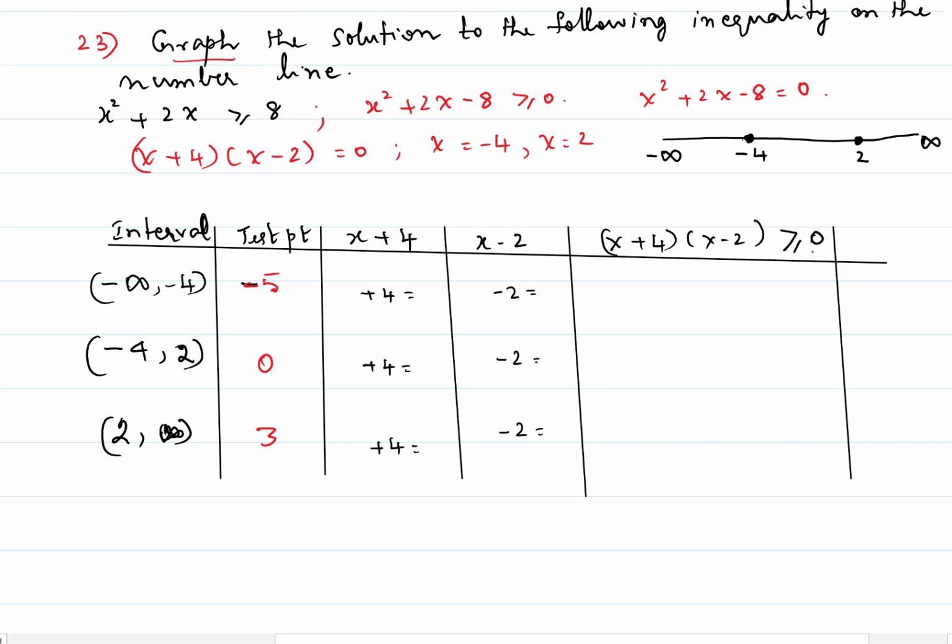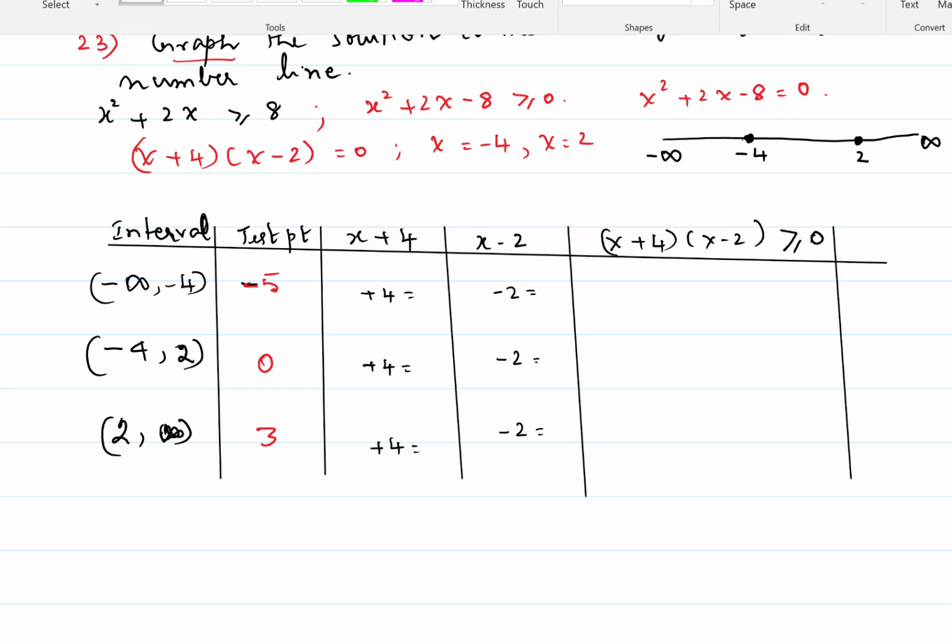If it is positive or equal to 0, then that interval is part of the solution set. Otherwise, if the sign is different from positive, then that interval is not part of the solution set. So we will choose negative 5 for our first test point.